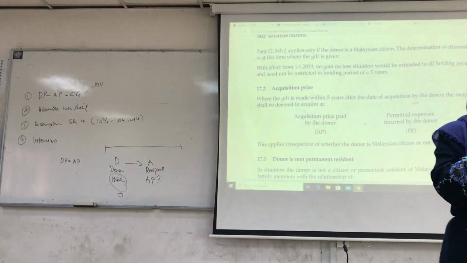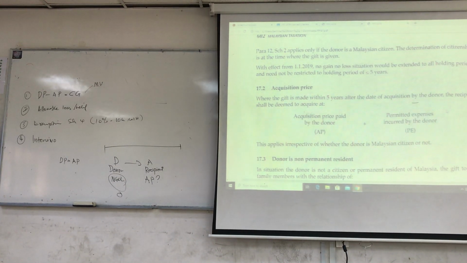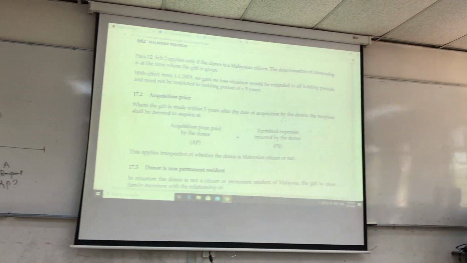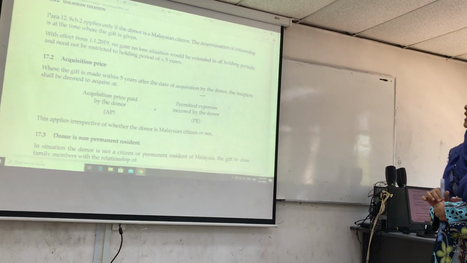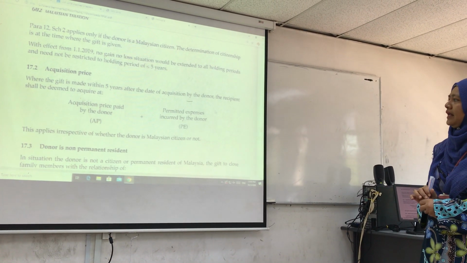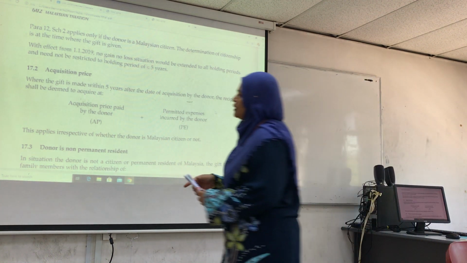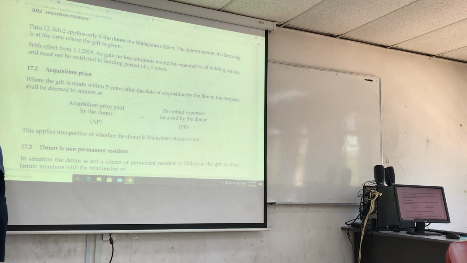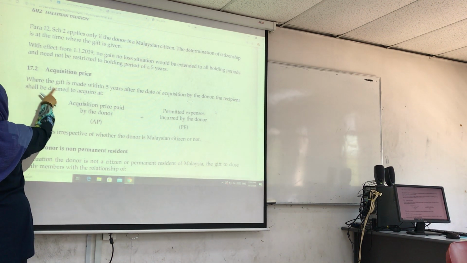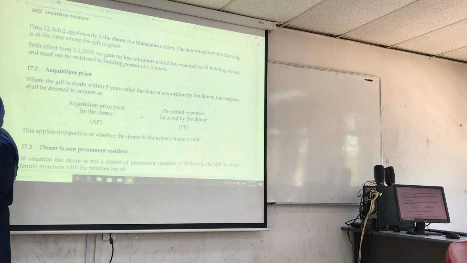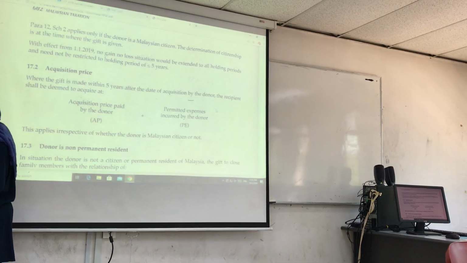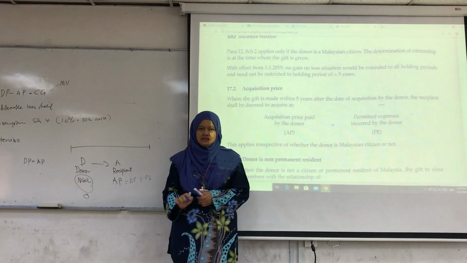But to the acquirer, where the gift is made within 5 years after the date of acquisition, the recipient shall be deemed to acquire at AP plus permitted expenses. So to the acquirer, AP equals the acquisition price of the donor, whatever AP of the donor plus permitted expenses.